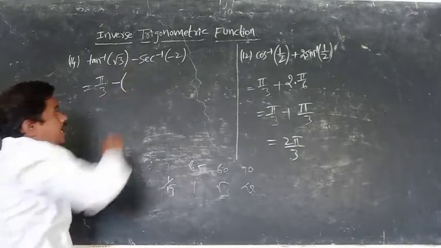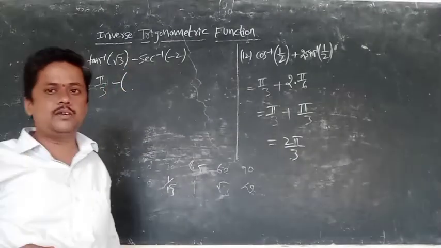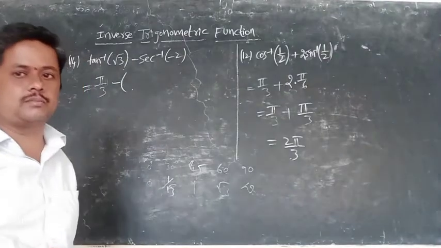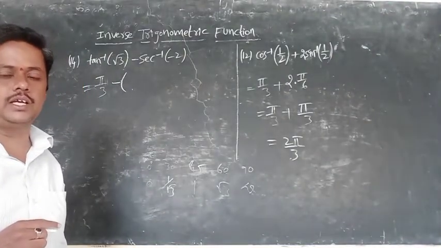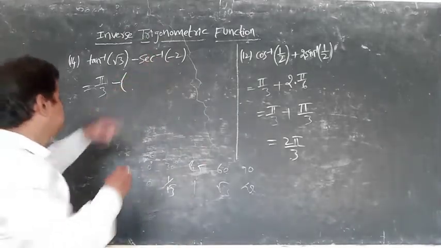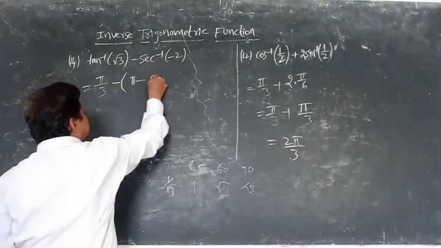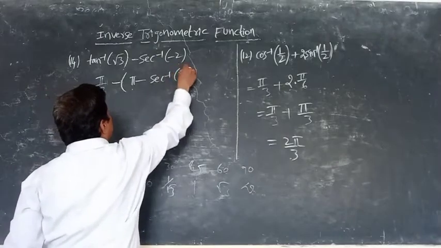Minus secant inverse of minus x. There is a property: secant inverse of minus x is equal to pi minus secant inverse x. We can use that property here: pi minus secant inverse 2.